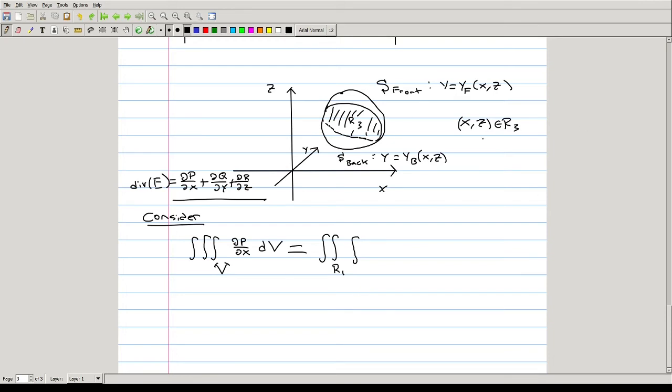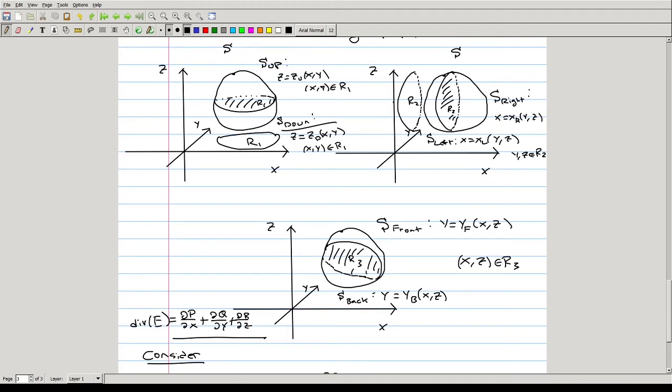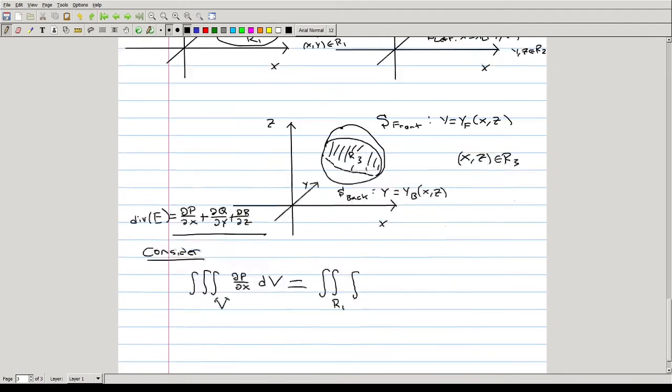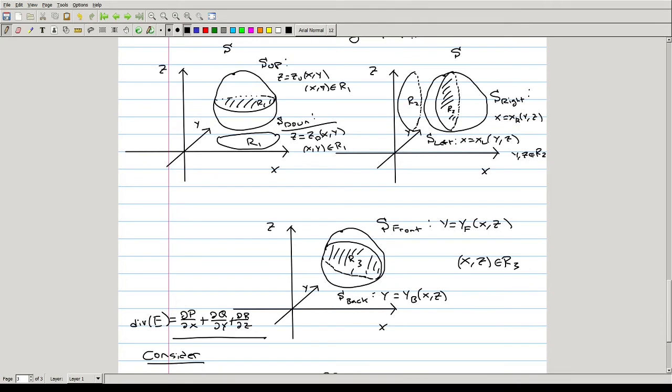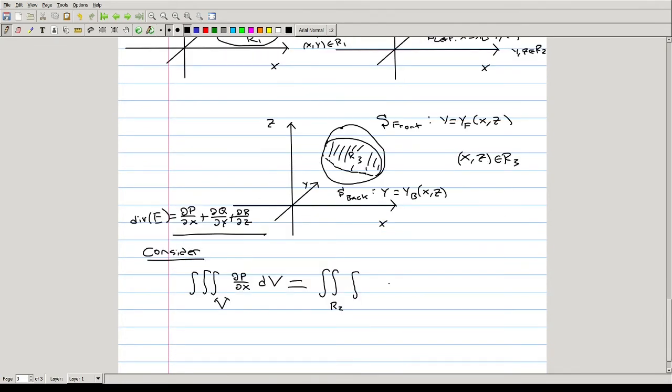We want the yz plane here, so it's R2 right here, the double integral over R2, from the left surface xL of y, z, to the right surface xR of y, z, of the triple integral of dP/dx. This is in the order dx, dy, dz.